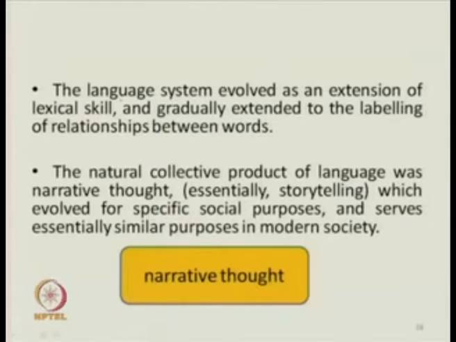So, as Donald says here, the natural collective product of language was narrative thought, essentially storytelling, which evolved for specific social purposes and serves essentially similar purposes in modern society, right? Simple narrative, to be able to articulate things in a linear sort of way. This happened, and then that happened, and then the following happened.